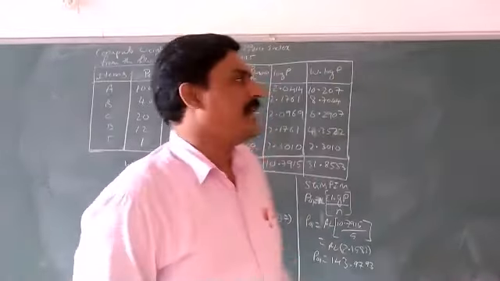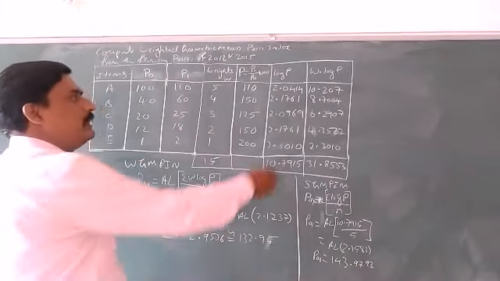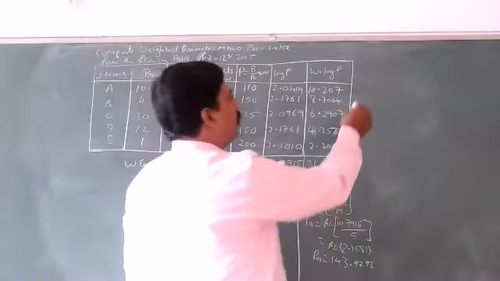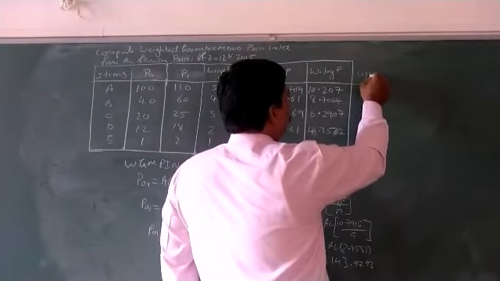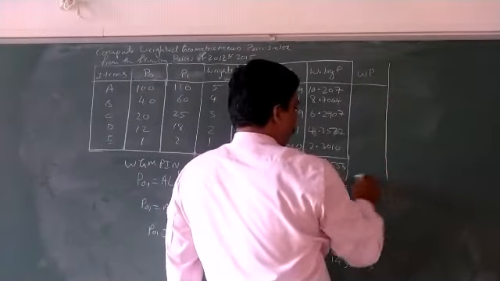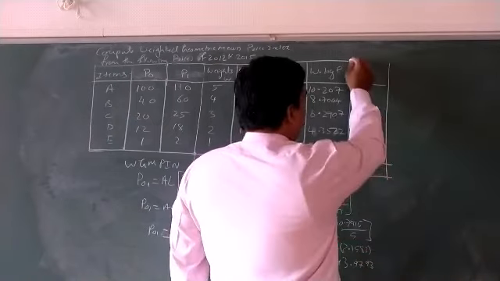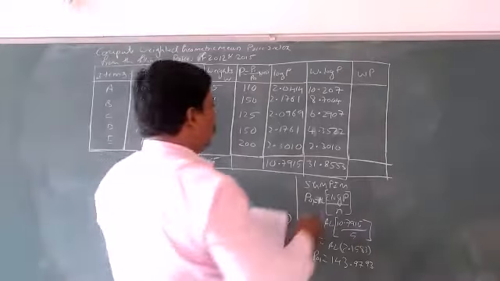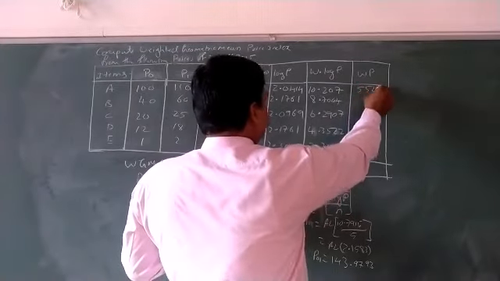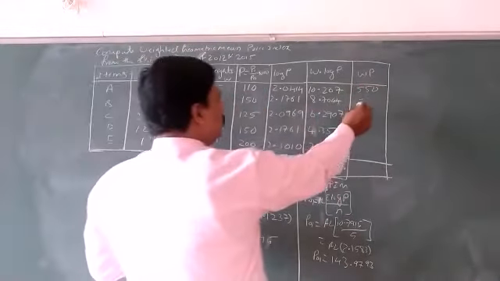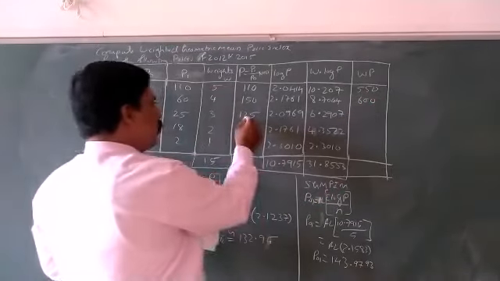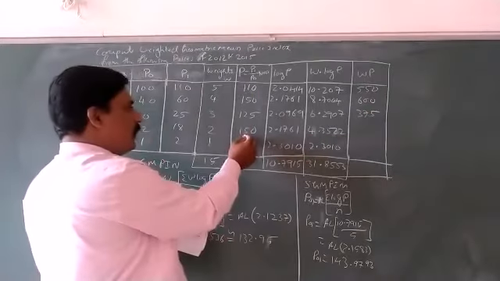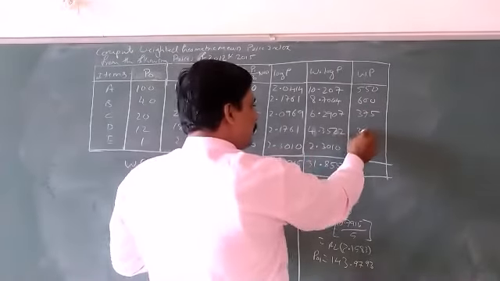So already we have the data here. P is there, weight column also is there. Let us find the W into P column, that is WP. So 110 into 5, we get 550. 150 into 4, 600. 125 into 3, 375. 150 into 2, 300.